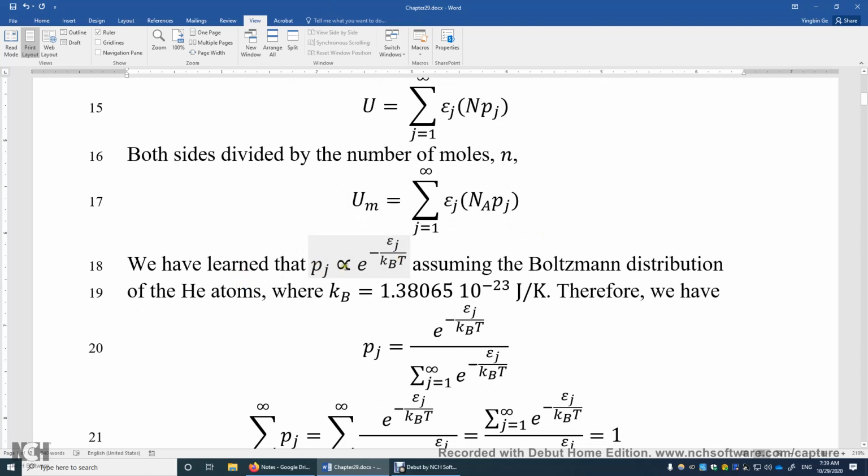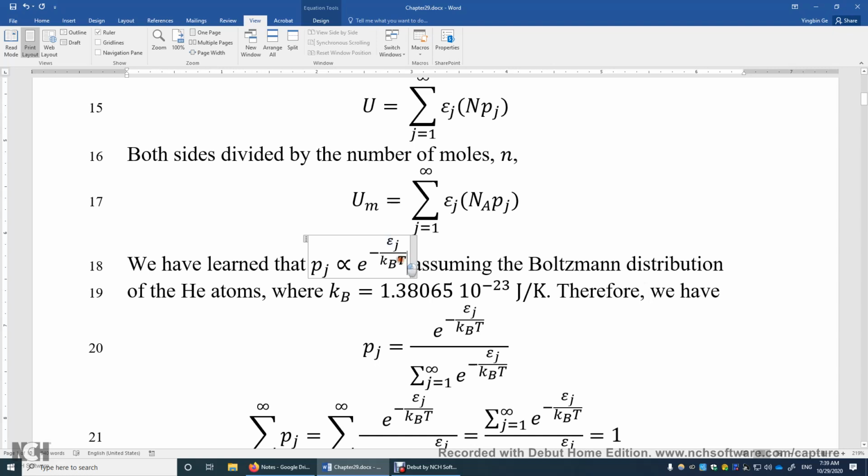We have learned this before: the probability of finding an atom or molecule occupying the jth energy level is proportional to e to the power of negative epsilon j over kBT. This is the so-called Boltzmann distribution, and that means if you have a higher energy level, there's a lower probability for an atom or molecule to occupy this level.